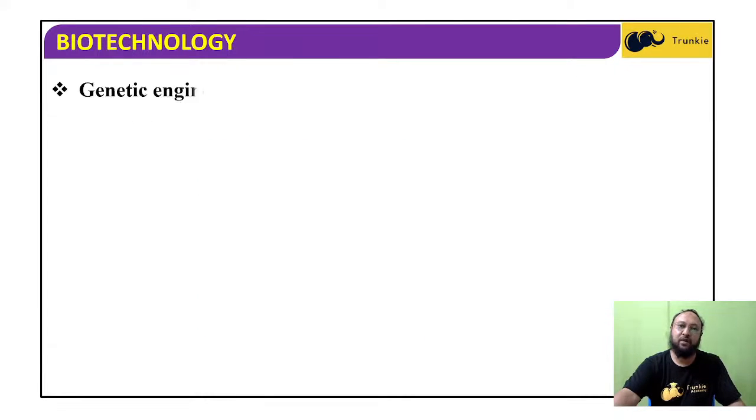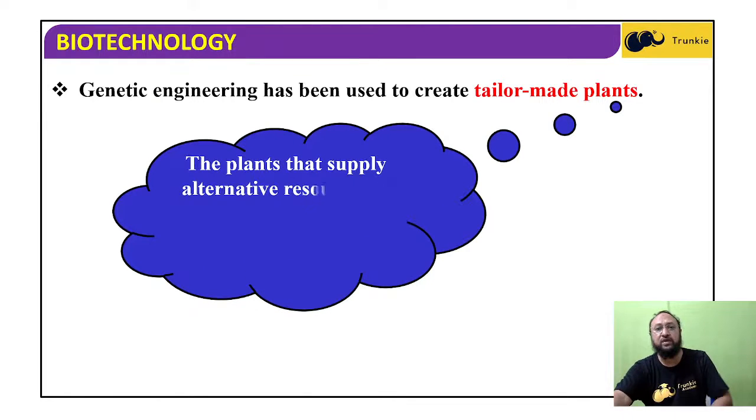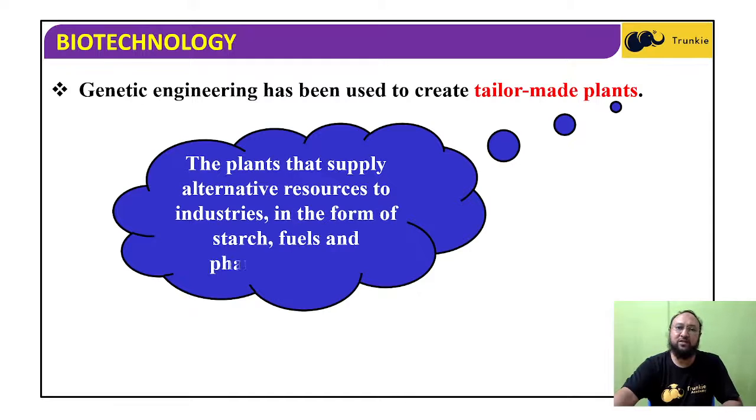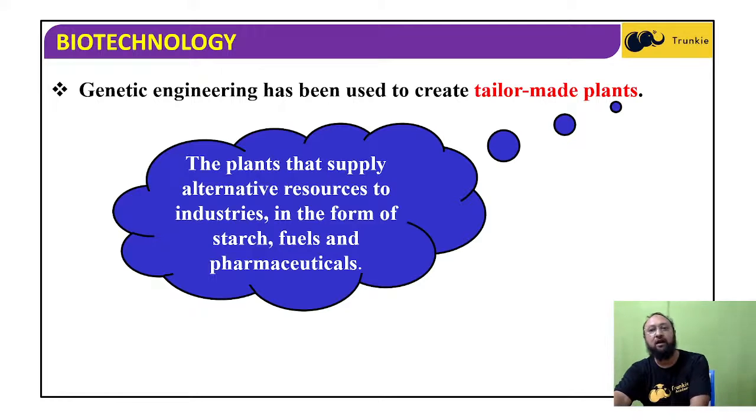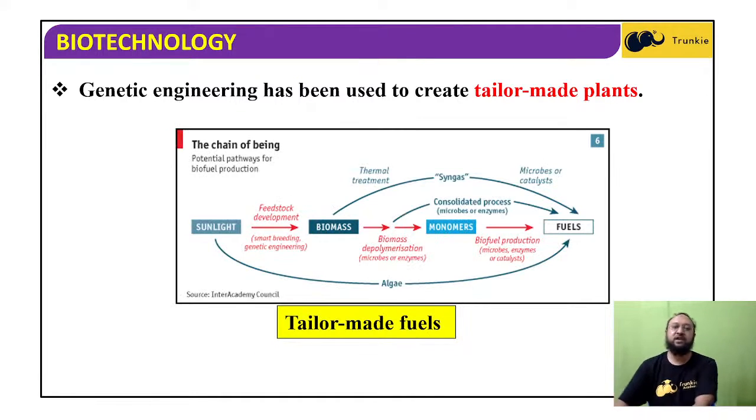Another thing: genetic engineering has been used to create tailor-made plants. Tailor-made means according to our design, according to our wish. Plants that supply alternative resources to industries in the form of starch, fuels and pharmaceuticals are called tailor-made plants. This is the chain of potential pathways for biofuel production: sunlight, then the biomass, that means all the natural vegetation.